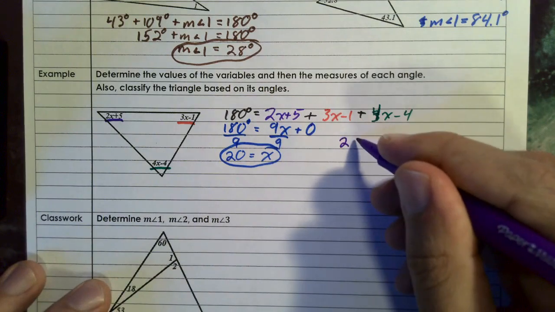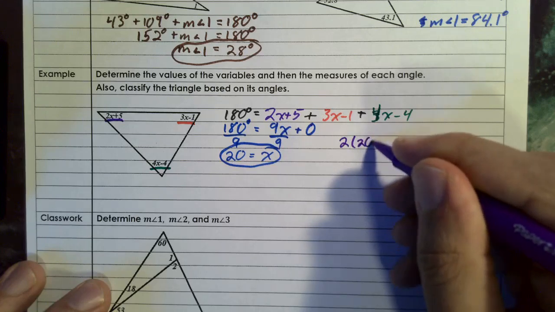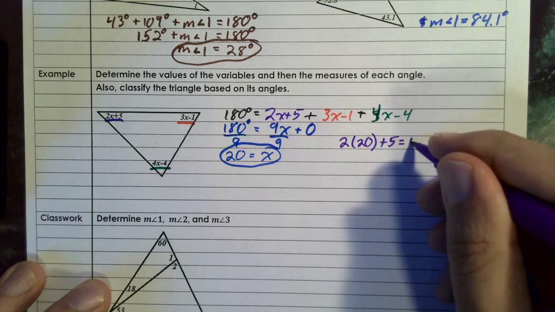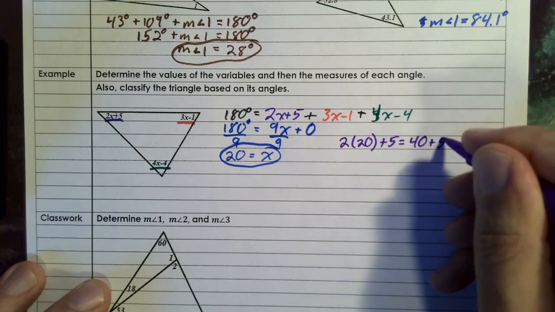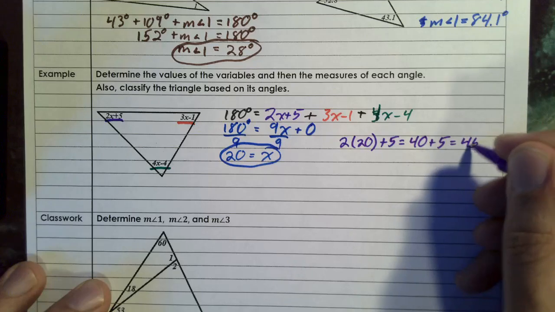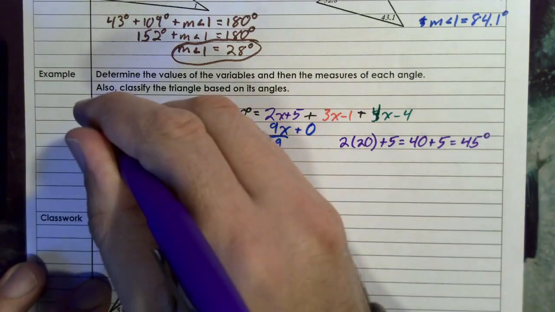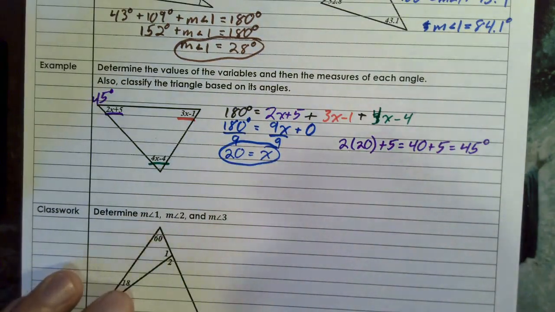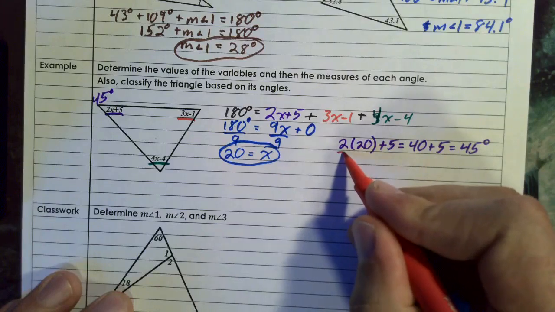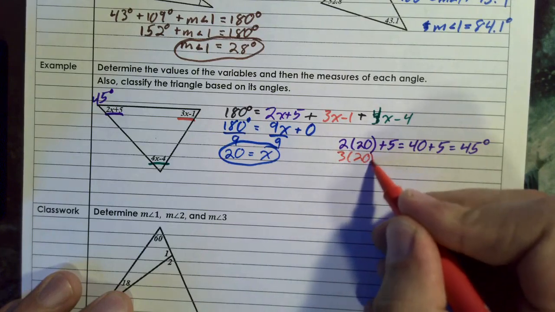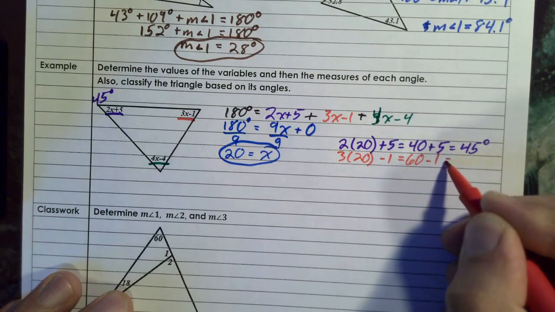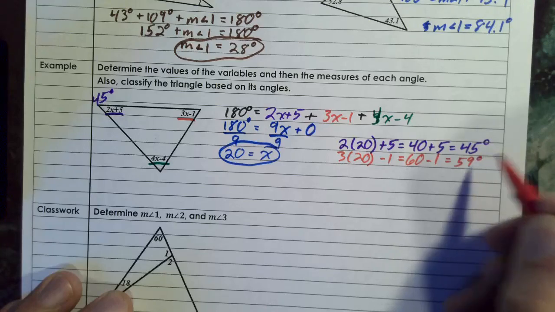So that 2 times 20 plus 5 is going to be 40 plus 5, which is 45 degrees. So this one over here has got to be 45 degrees. The red one, we've got 3 times 20 minus 1, which is 60 minus 1, which is 59 degrees.